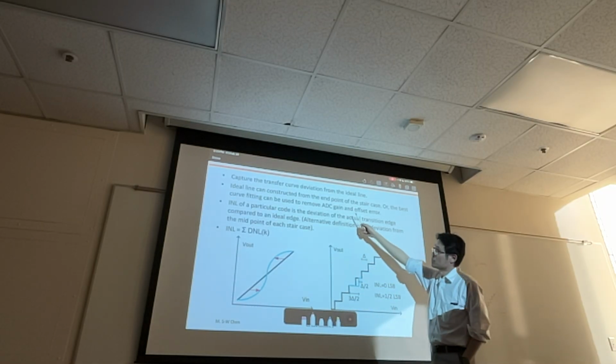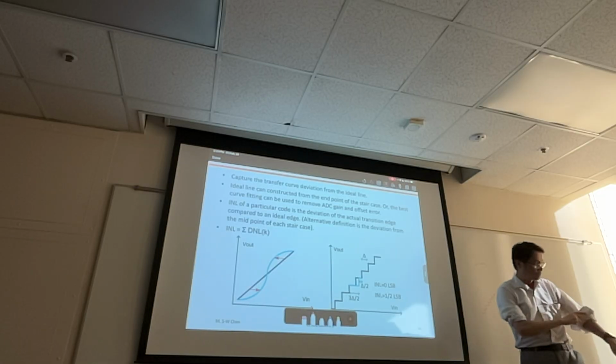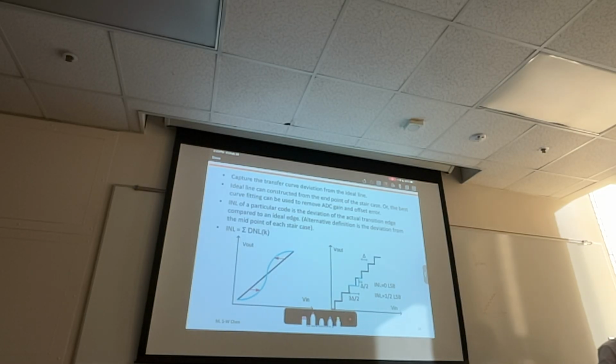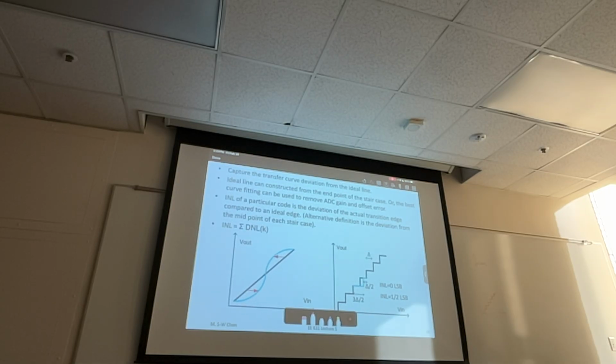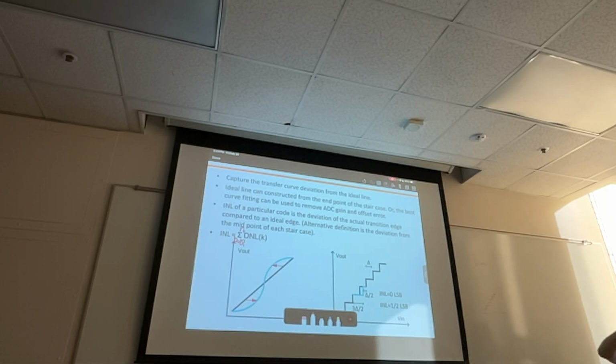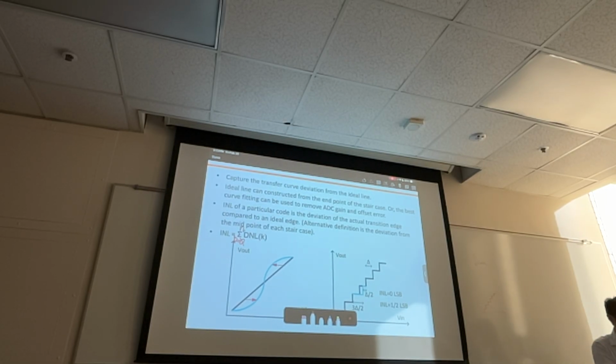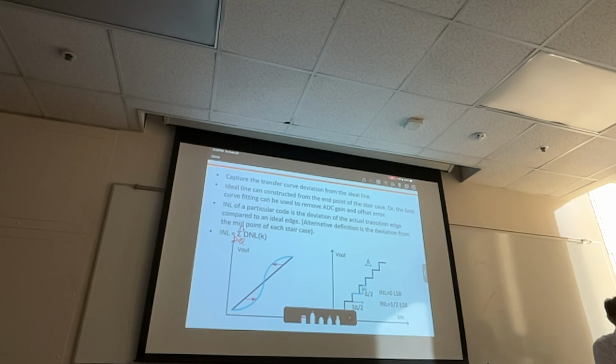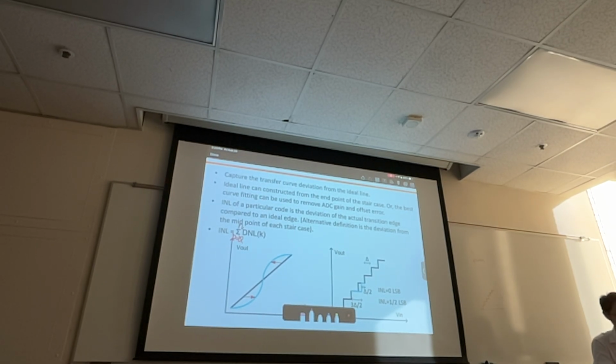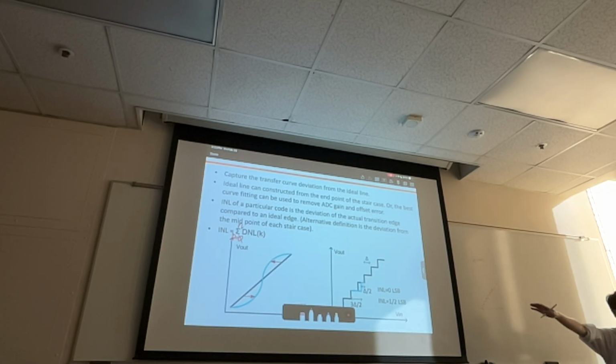So basically this is the definition of the INL. What you do is you always sum the DNL from the first code to that particular end code. So you just keep summing up. Let's say in the beginning it's 0.1, 0.2, 0.1, 0.12, whatever. When I sum up, the curvature will grow.